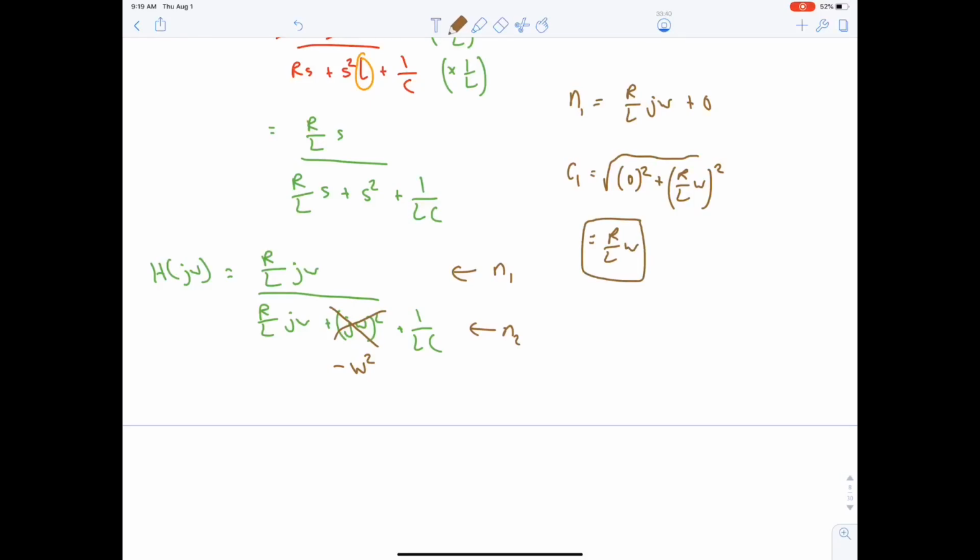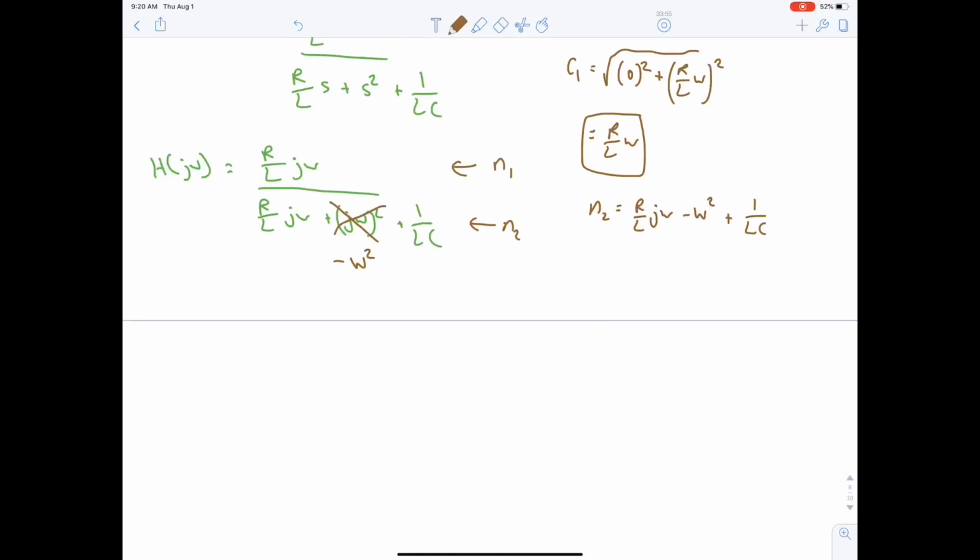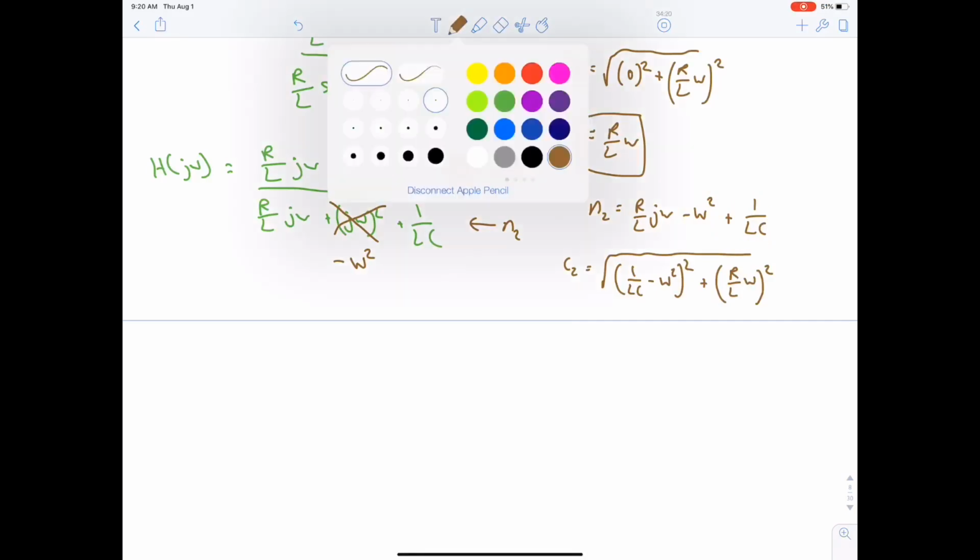That's C1. For C2, let's find N2. N2 is R over L jw minus omega squared plus 1 over LC. So C2 is the square root of A squared plus B squared. A is 1 over LC minus omega squared, and B is R over L w.